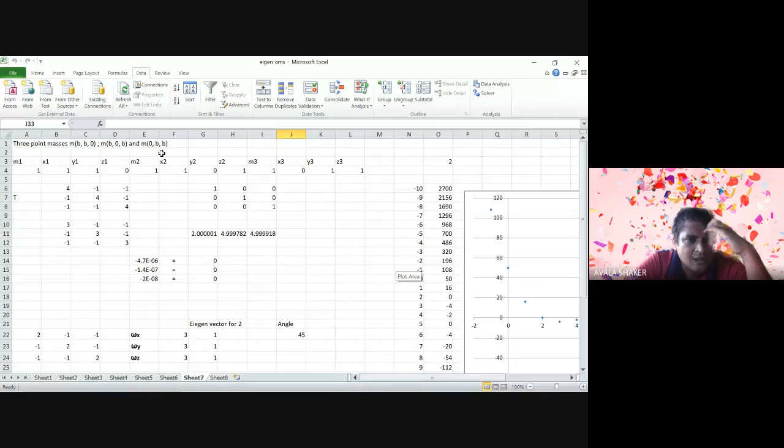And the other is 0, 1, 1. So this is in the xy plane, this is in the xz plane, and this is in the yz plane.